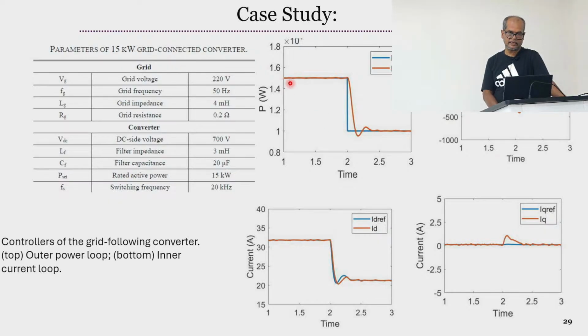It was initially 15 kilowatt, but you are asking to reduce the power that you get from the inverter to 10 kilowatt. If you make that change, how is your control performing? You see this is the reference, and it is following the reference, both real power and reactive power.